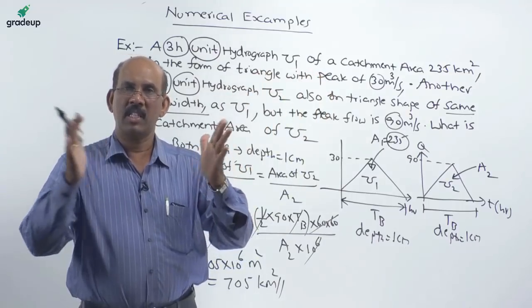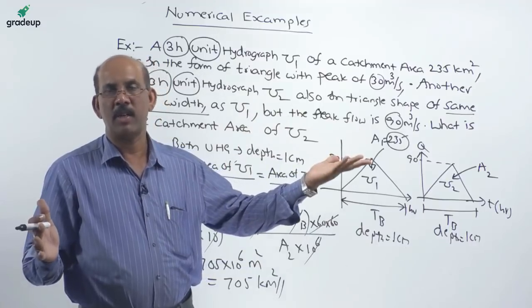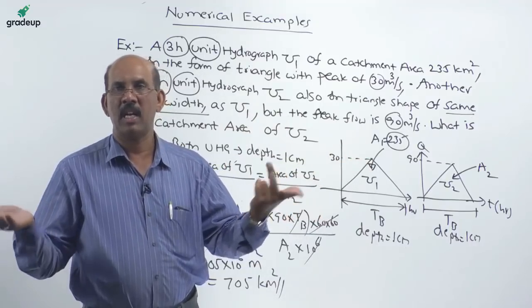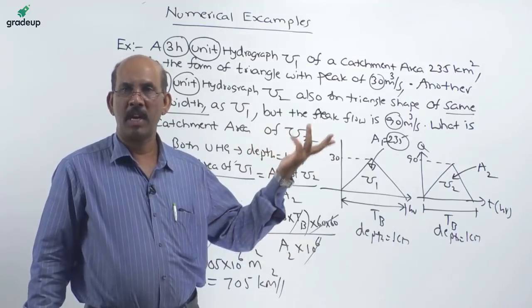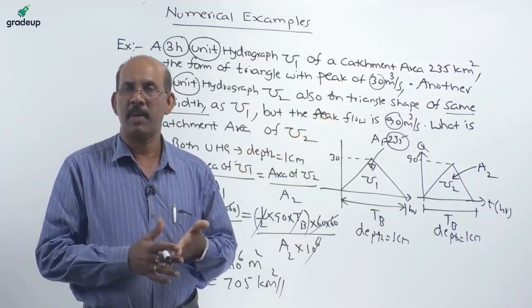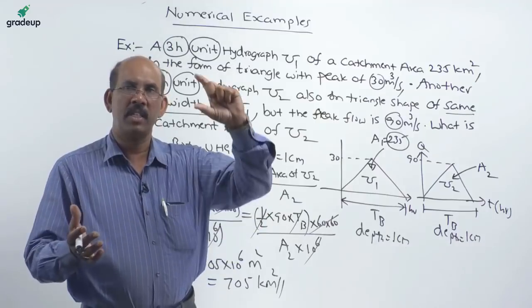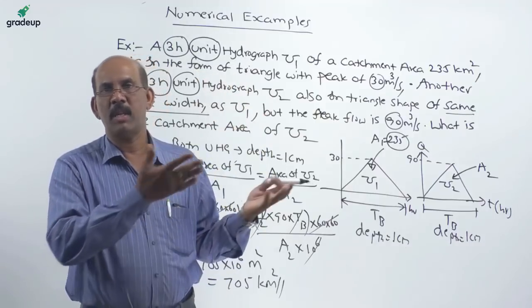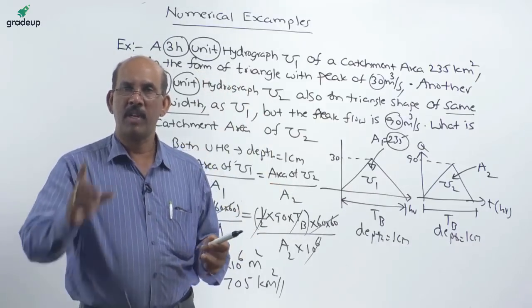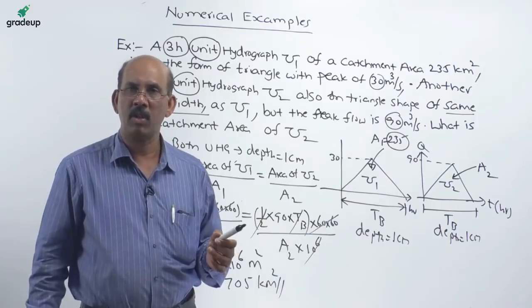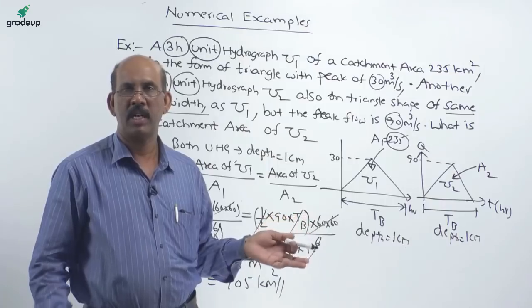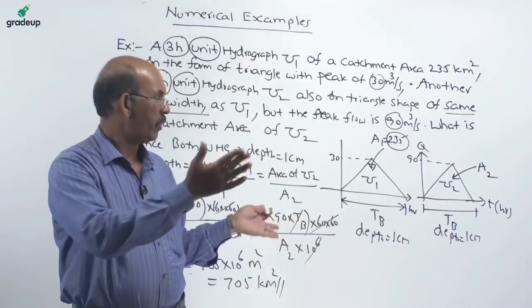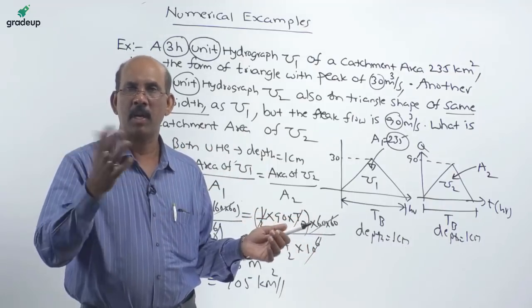If the losses are also given, knowing the precipitation and the loss, you can calculate the depth. For a unit hydrograph it is always equal to 1 centimeter in the basic equation we considered, and now you can solve any example on this.